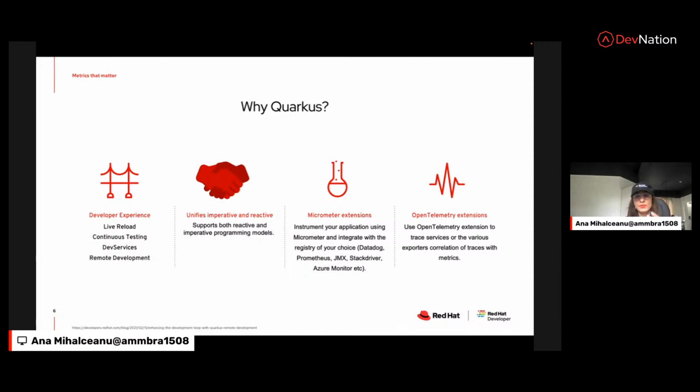Of course, from the metrics perspective, it comes with a lot of flavors, a lot of Micrometer extensions. So you can instrument your application using Micrometer and integrate that with the registry of your choice, maybe Prometheus, Datadog, JMX, Stackdriver, Azure Monitor, and many more. So Micrometer is going to be used today on the application side to instrument the runtime.